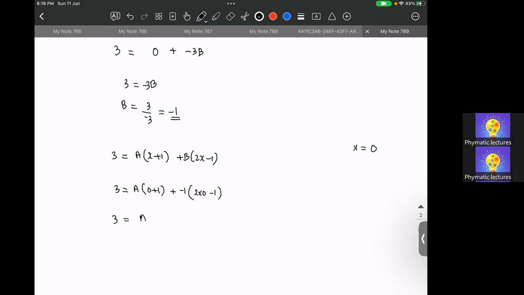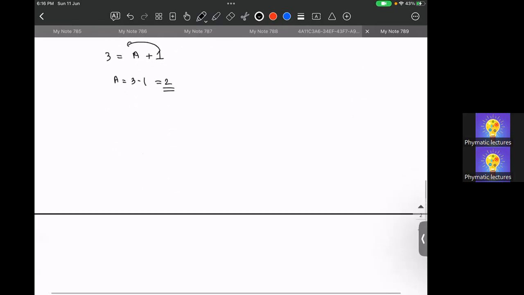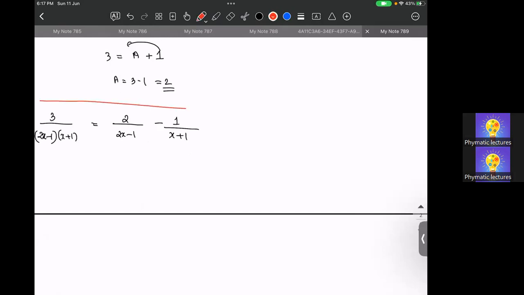So 3 is A, minus into minus, it is going to be positive 1. You bring this 1 to this side, A is 3 minus 1, that is 2. Therefore, the partial fraction of 3 over (2x minus 1)(x plus 1) is 2 over (2x minus 1) minus 1 over (x plus 1). And that is our answer.